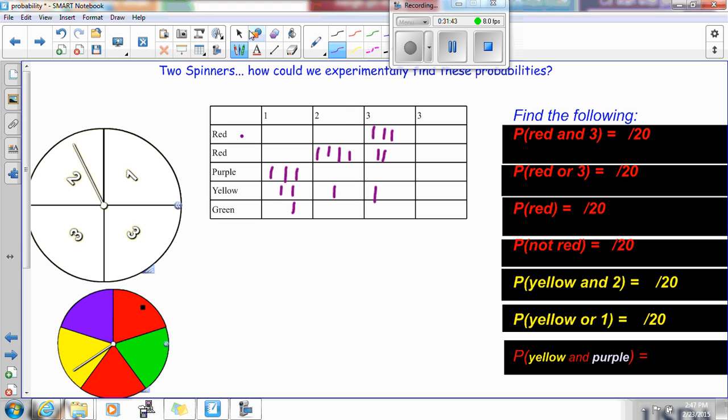I think that's 17. Red 3, we're getting a lot of red 3s. Yellow 3.